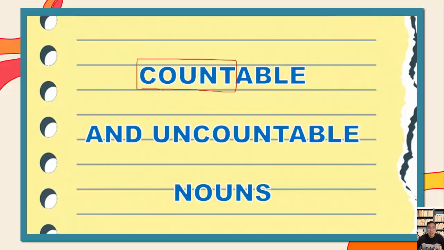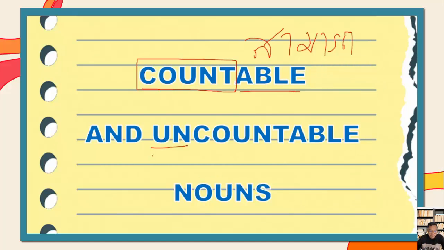Count, like you count 1, 2, 3, 4, 5. Now I am counting numbers 1, 2, 3, 4, 5. So able, in Thai means สามารถ, right? So countable noun means something that you can count, like 1, 2, 3, 4.